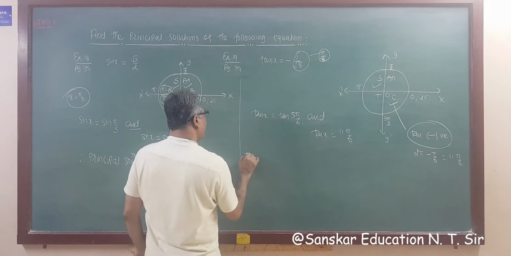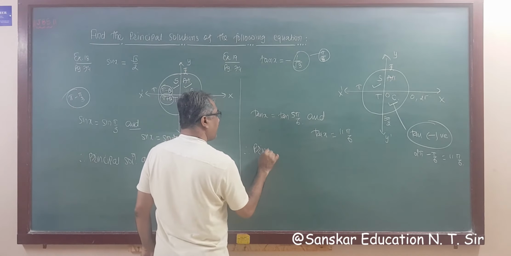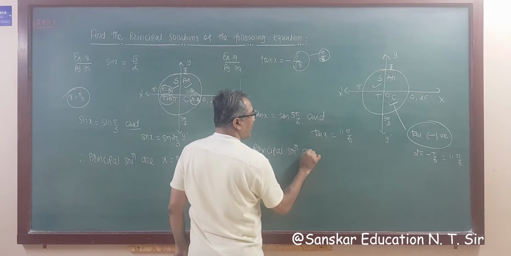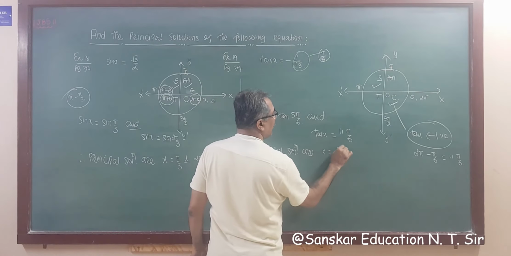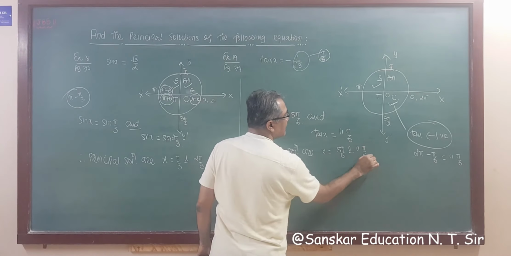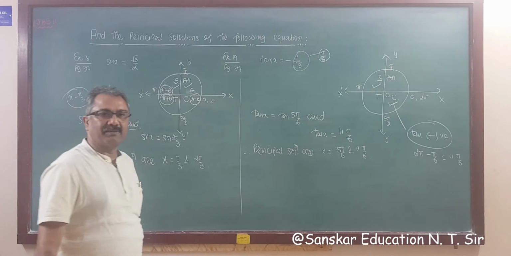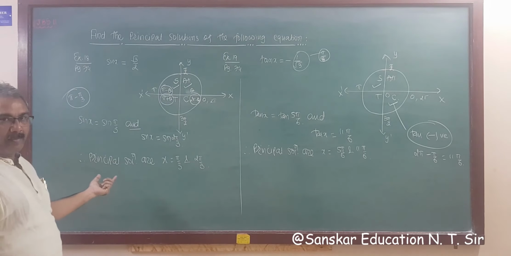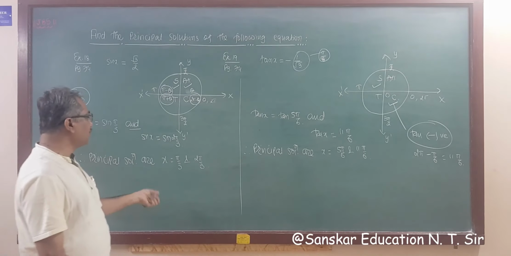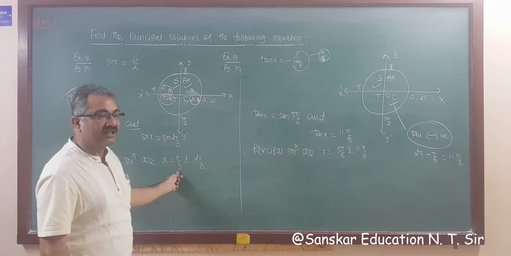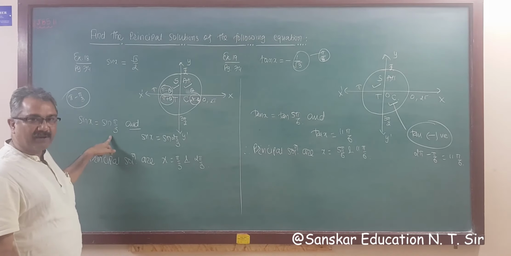So therefore, principal solutions are x is equal to 5 pi by 6 and 11 pi by 6. Suppose you want to write the general solution of this, right? Then you have to consider the first value, the smallest value for the general solution as theta, that is pi by 3.